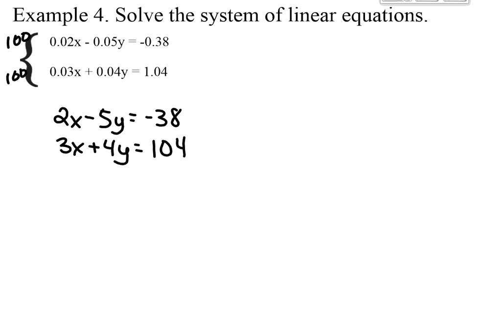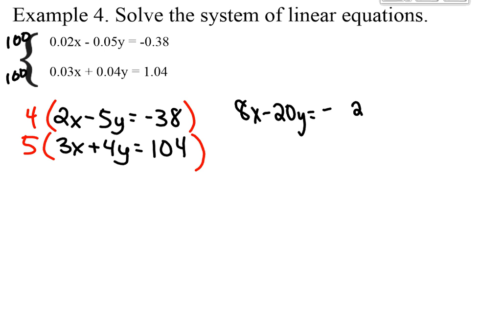And since I had the suggestion of multiplying, didn't you say the first one by 4 and the bottom one by 5? Okay, we'll multiply that first one by 4 and the bottom one by 5. And when I do that, I'll get 8x minus 20y equals, what is negative 38 times 4? Negative 152. And then 15x plus 20y equals 520, I think, for that one.